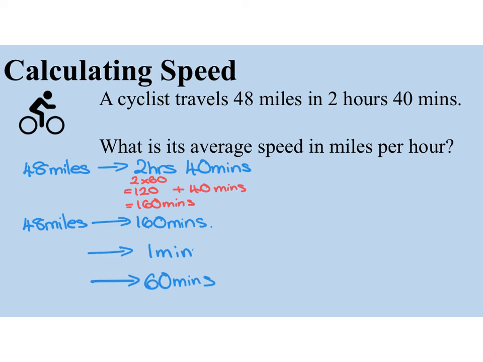Okay, so 160 shared by itself gives us the 1, and then 1 times 60 makes it up to the 60 minutes. So again, get your calculator ready. We're going to divide by 160 and times by 60.